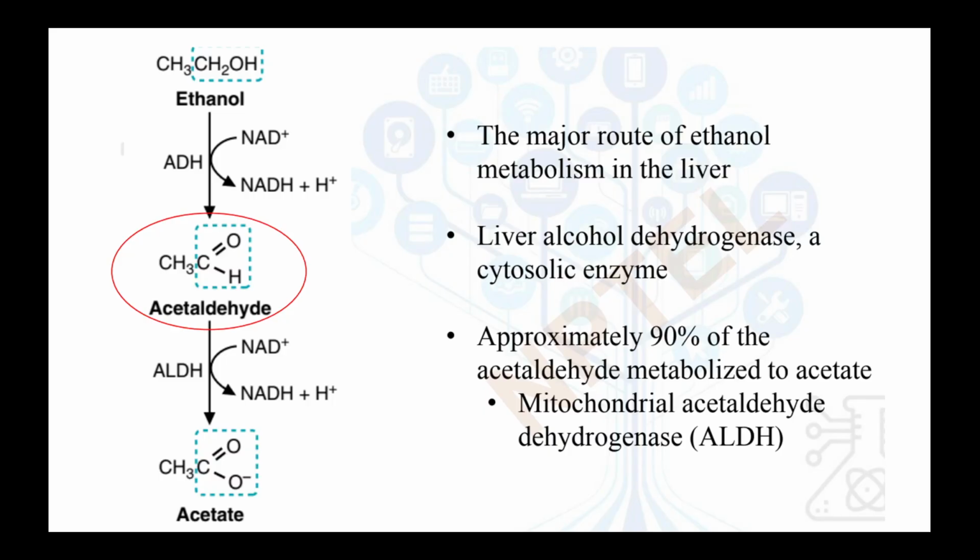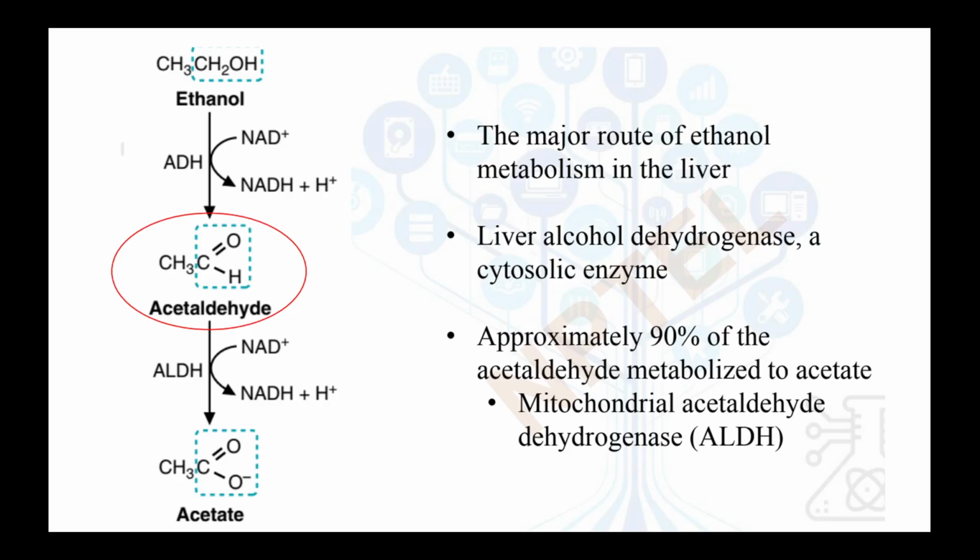So, ethanol is metabolized in the liver by the liver alcohol dehydrogenase. It is a cytosolic enzyme. It is present in the cytosol of the liver cells, and ethanol is converted into acetaldehyde. Acetaldehyde is then converted into acetate by acetaldehyde dehydrogenase, which is a mitochondrial enzyme.